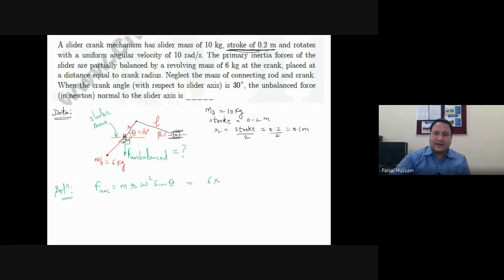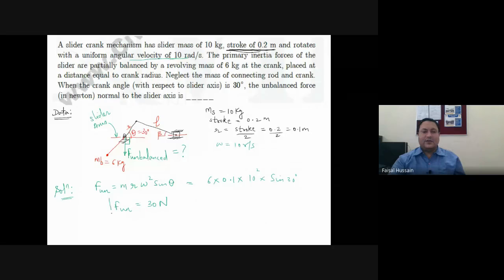Radius of the crank is 0.1. Angular velocity is given, 10 radian per second, omega equal to 10 radian per second. So here it is 10 square multiplied by sine of theta, that is 30 degree. So from here we can find out the unbalanced force, and it is 30 Newton. So directly put the value and get the answer.